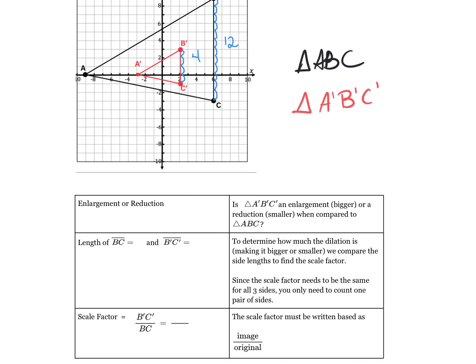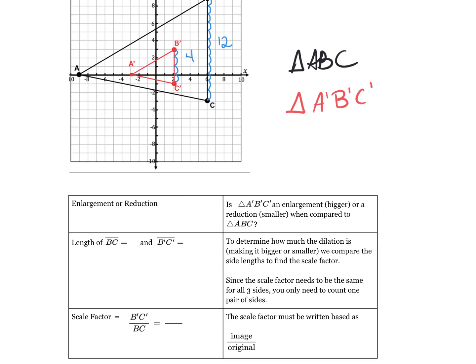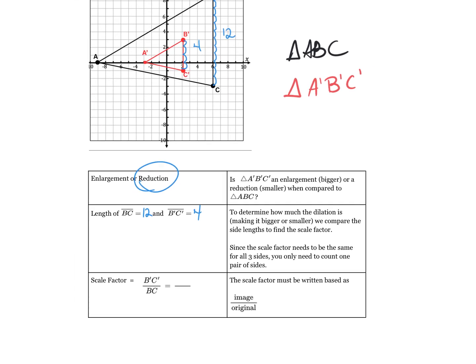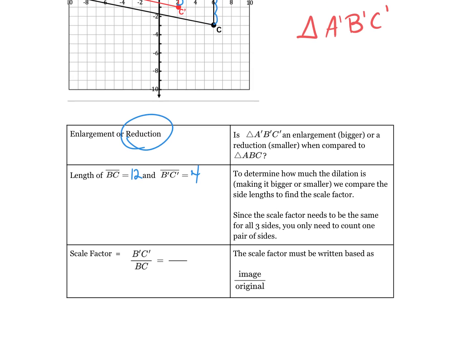So BC is 12, B prime, C prime is 4. We have a reduction. We're getting smaller. And to write the scale factor, it's the image over the original.